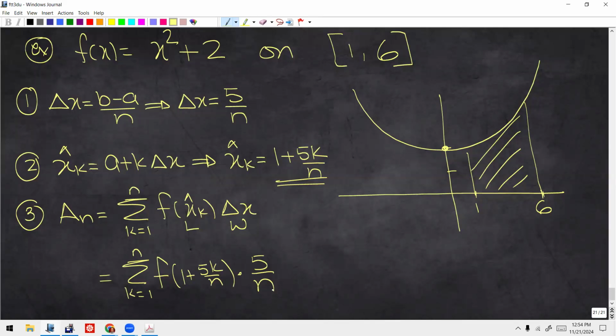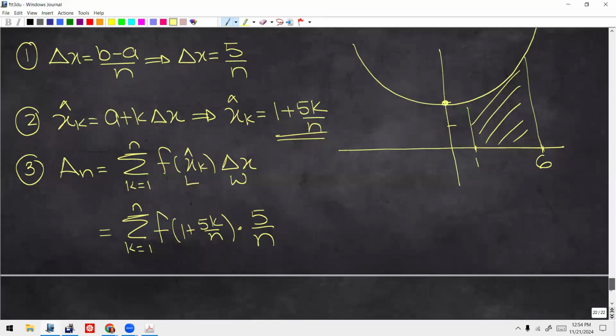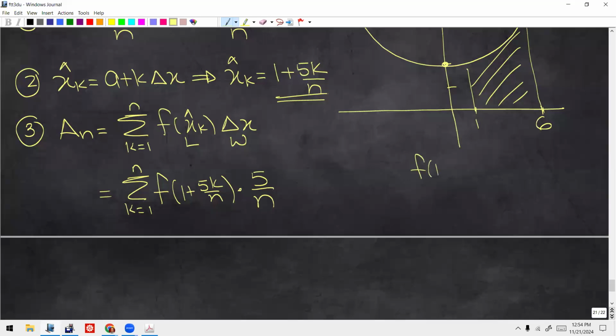Now we're going to do some scratch work on the side. So I want to find f of 1 plus 5k over n. What does that mean? In the function f, I'm going to replace every x with what? 1 plus 5k over n. So I get 1 plus 5k over n squared plus 2, was it?